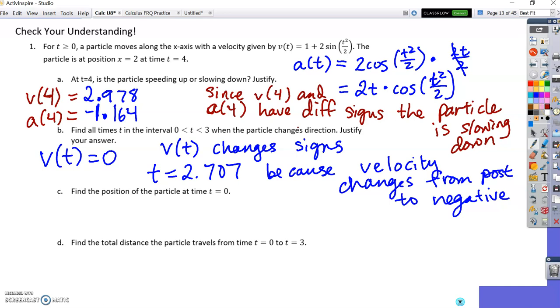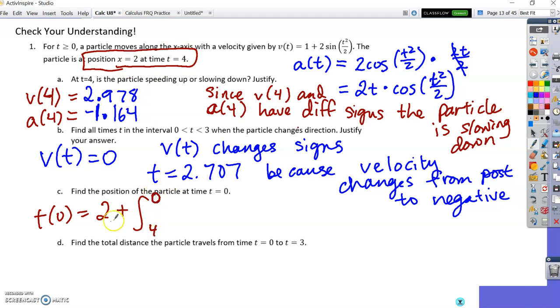So if I want to find the position of the particle at time 0, that means I need to integrate. And they gave me this particular piece of information, that the position is 2 at time 4. So if I want to find the position at time 0, I'm going to take time 0 is equal to 2 plus the integral from time 4 to the time I'm looking for, 0.